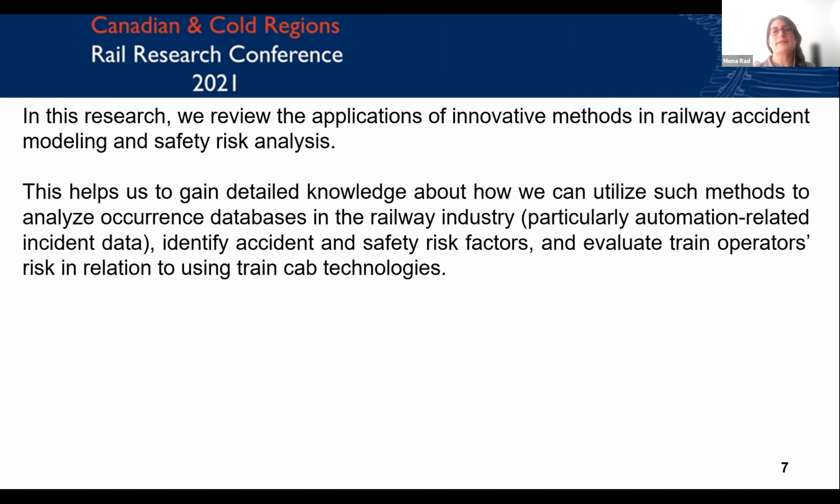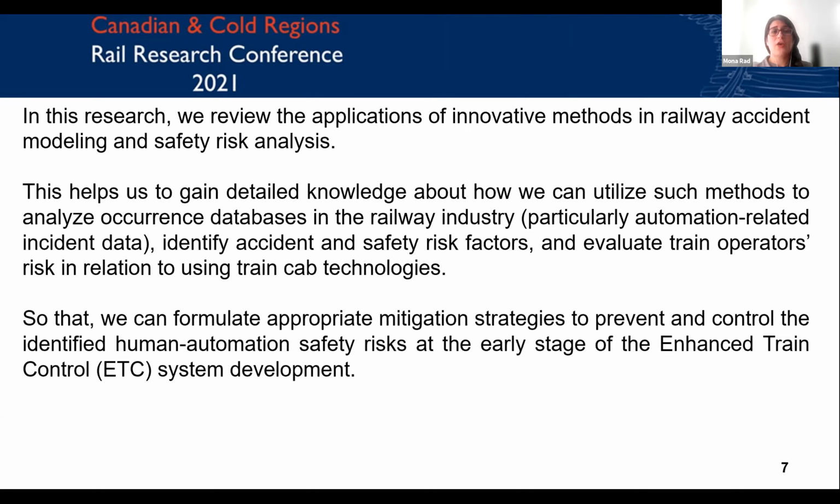This helps us to gain detailed knowledge about how we can utilize such methods to analyze occurrence databases in the railway industry, particularly automation-related incident data, identify accident and safety risk factors, and evaluate train operators' risk in relation to using train cab technologies, so that we can formulate appropriate mitigation strategies to prevent and control the identified human-automation safety risks at the early stage of the enhanced train control system development.